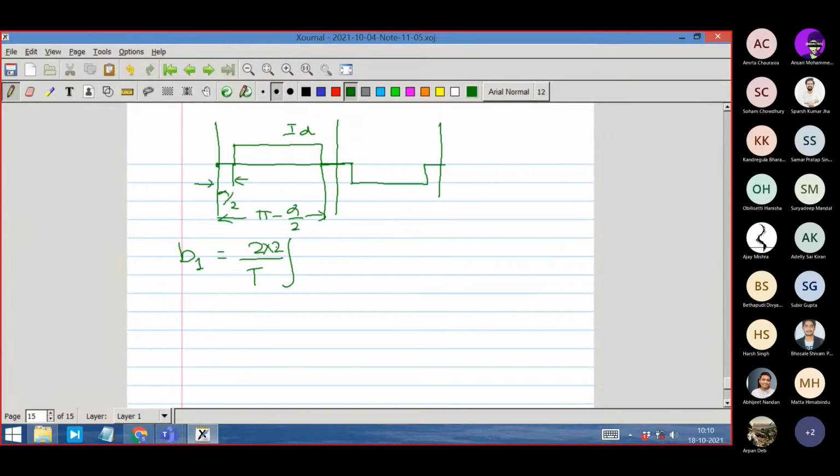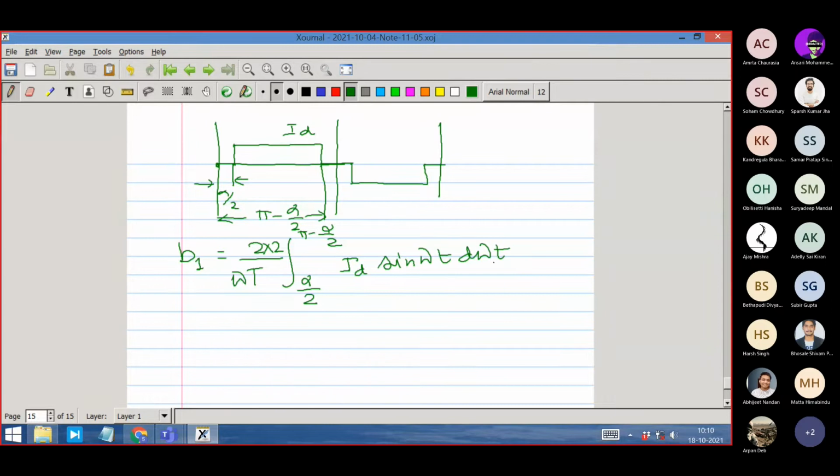So we are only integrating from alpha by 2 to pi minus alpha by 2, and the current is ID sine omega t dt.